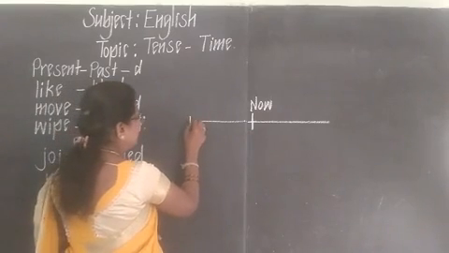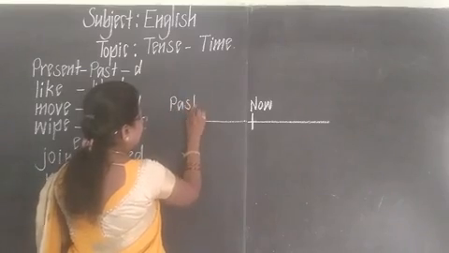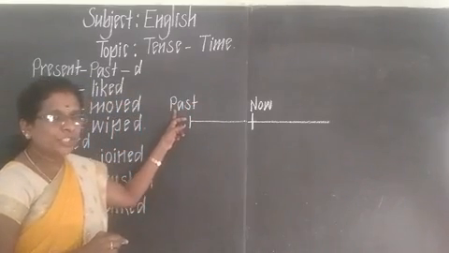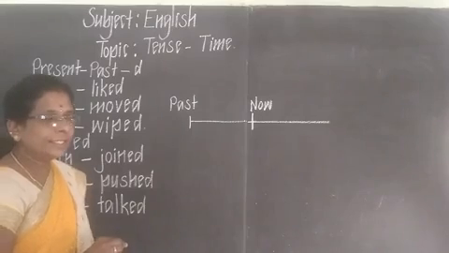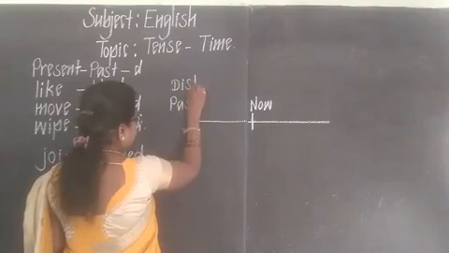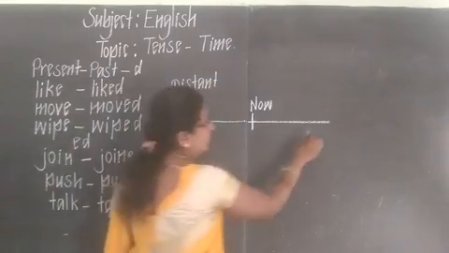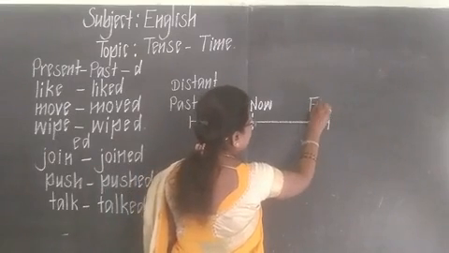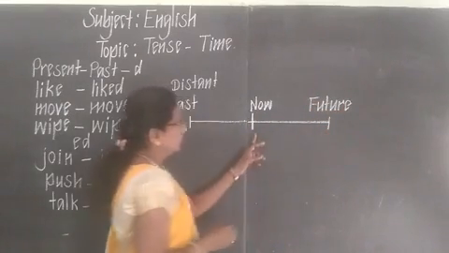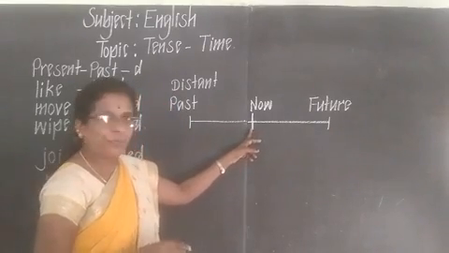Here, past time. This is past time or distant past. Now the action is one you do now, at present.